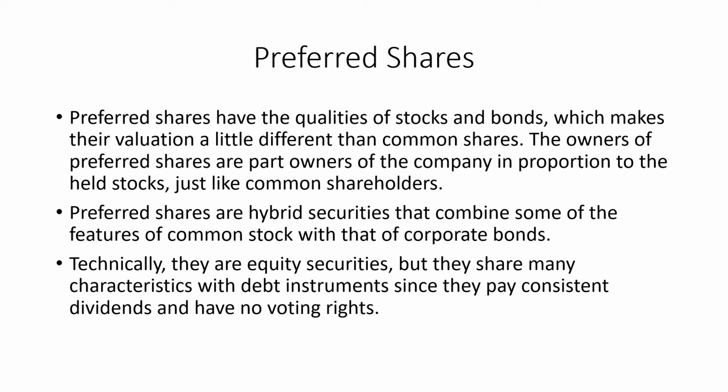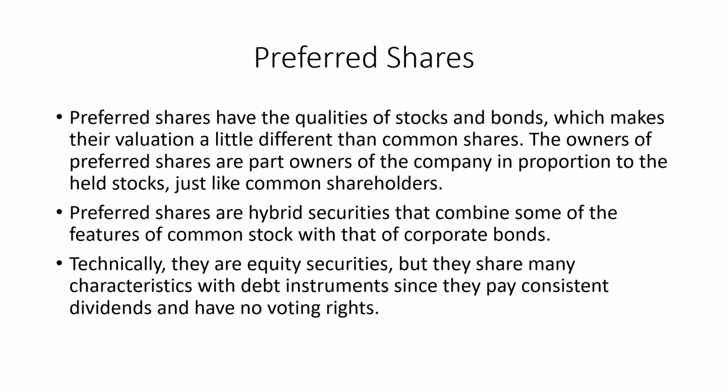Now, preferred shares. When we talk about the valuation of preferred shares, there is a problem, as preferred shares have the qualities of both stocks and bonds, and we cannot value these preferred stocks just like common stock.